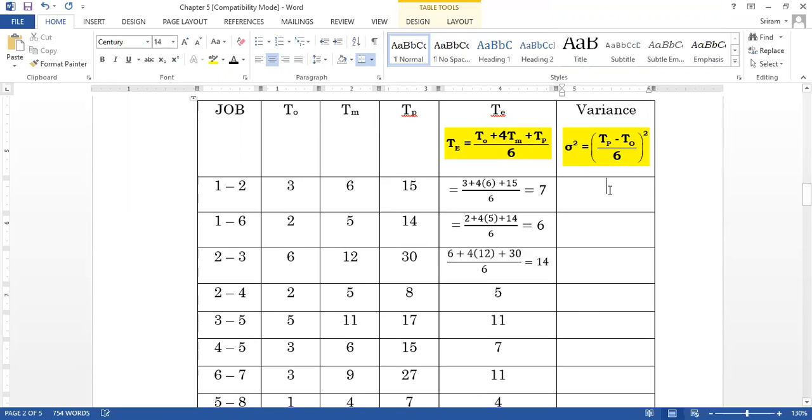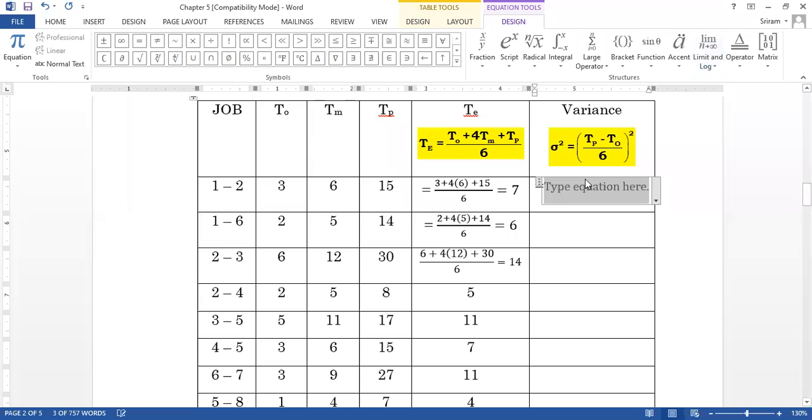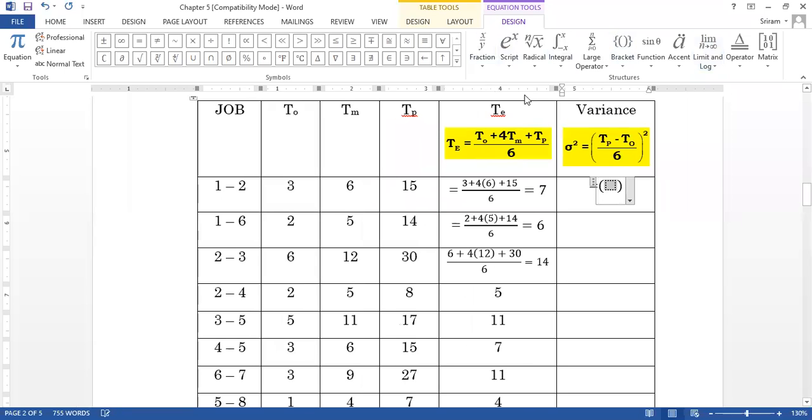In the same way, we are going to find the next one, the variance. Here there is no M, only Tp and T naught. The rule is Tp minus T naught divided by 6. I am going to apply this rule.